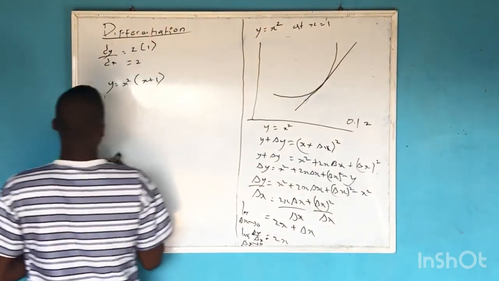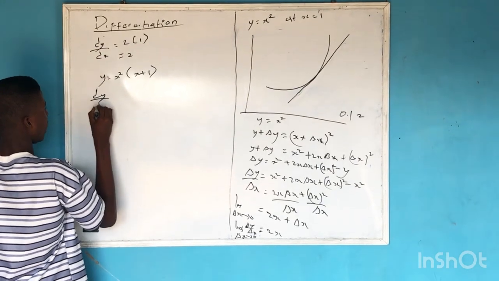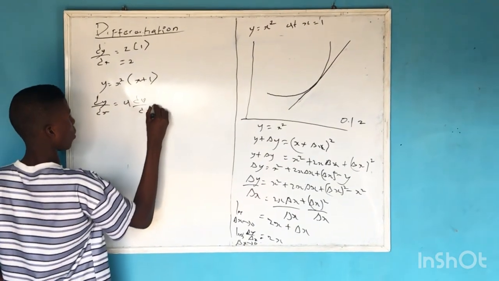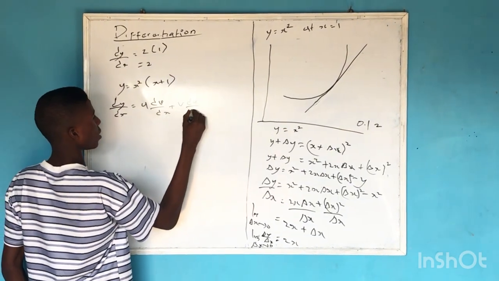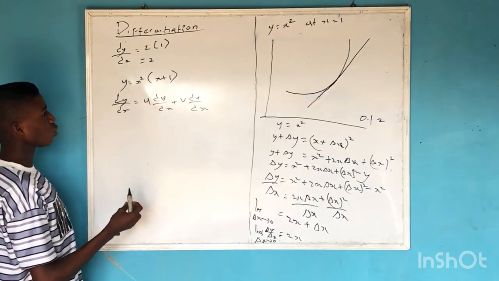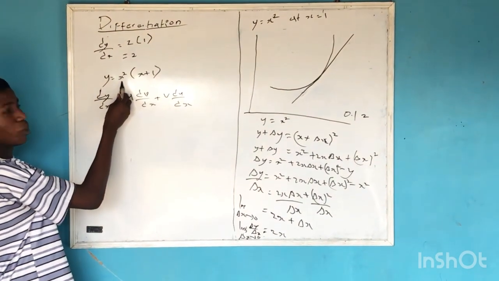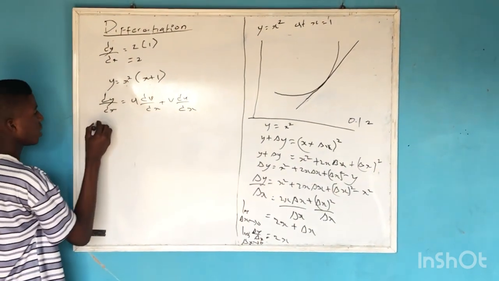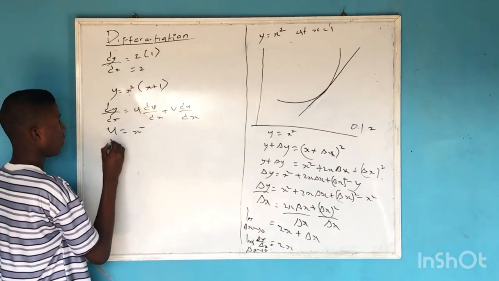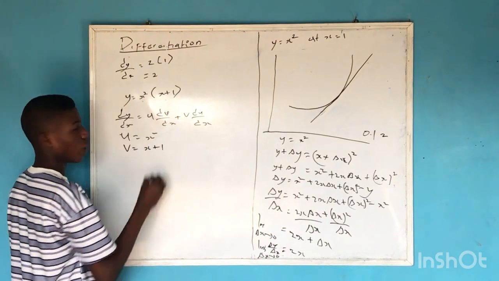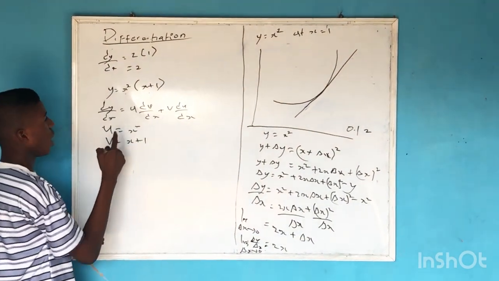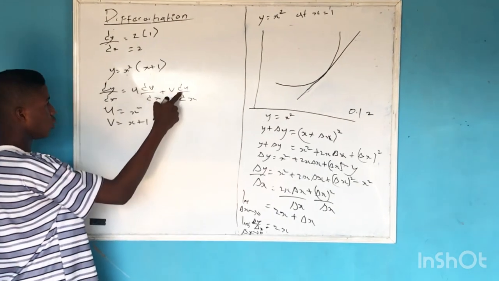The product rule states that dy dx will be u dv dx plus v du dx. So what I'm going to do is pick this to be my u and this to be my v. So let's say u is equal to x squared and my v should be x plus 1. Having said this, now let's differentiate.